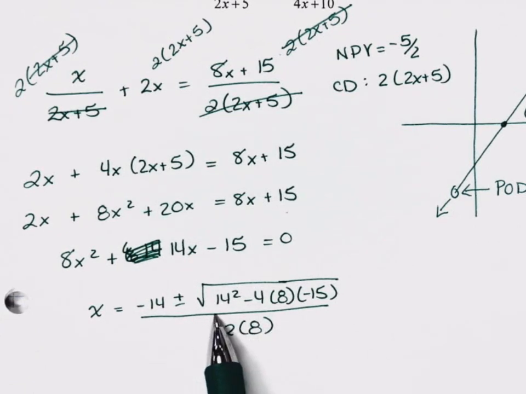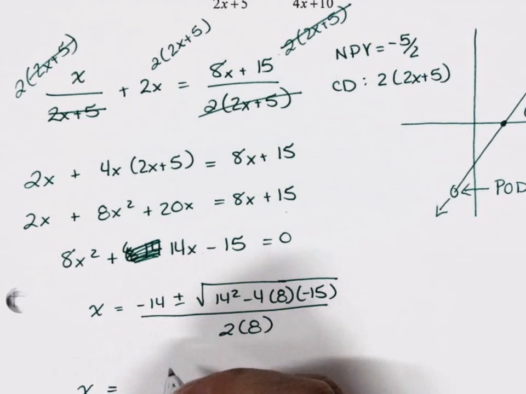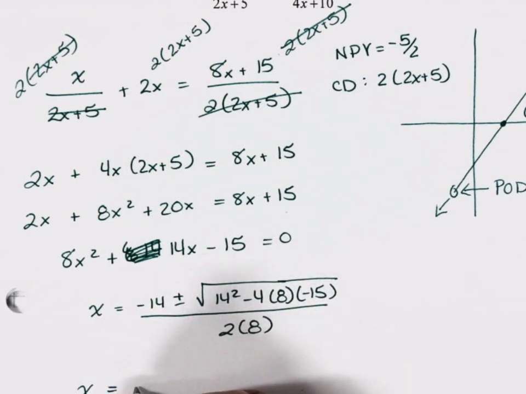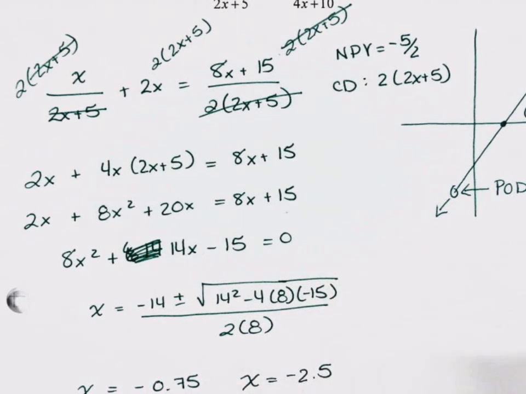I see a lot of people just put the line under the root sign, and that's technically incorrect. You have to do everything on the numerator first. So you should get 0.75, and you should get negative 2.5.